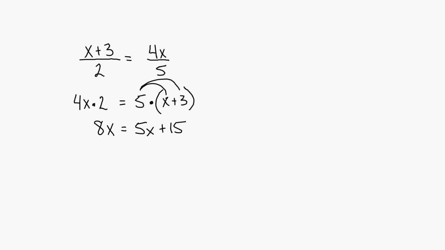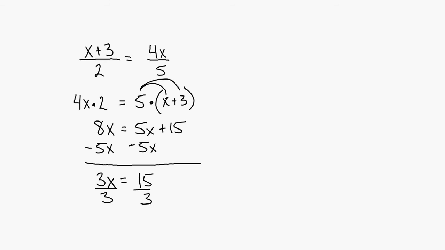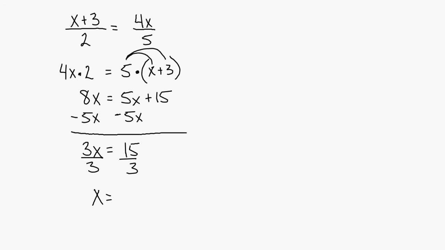So if you subtract 5x from each side, then 3x is going to equal 15. And you can divide by 3. X equals 5.